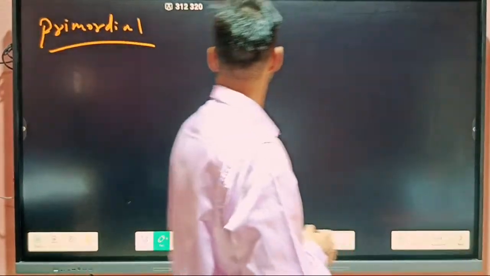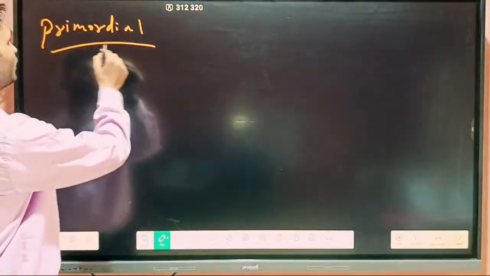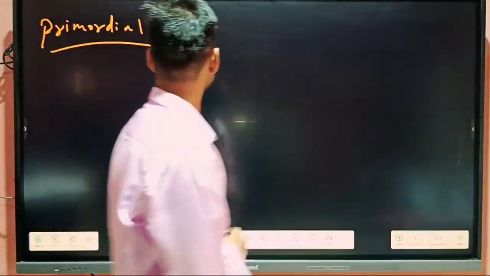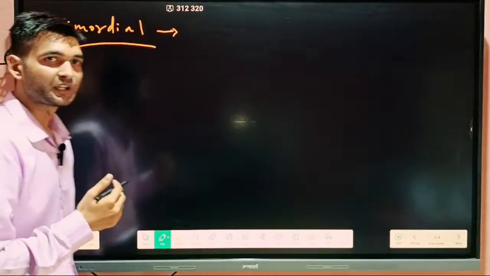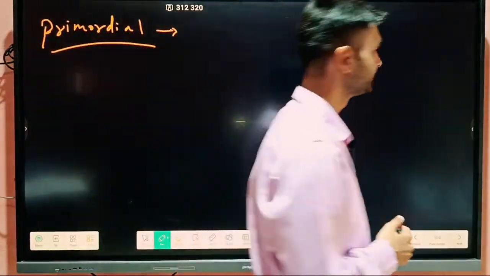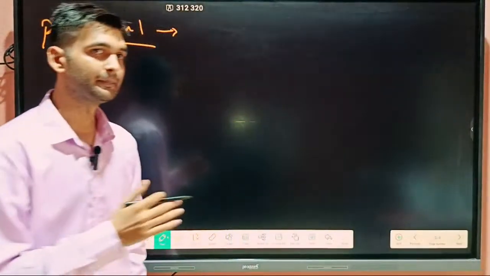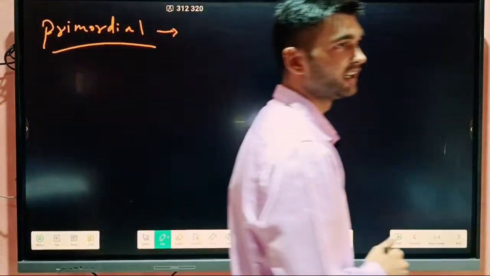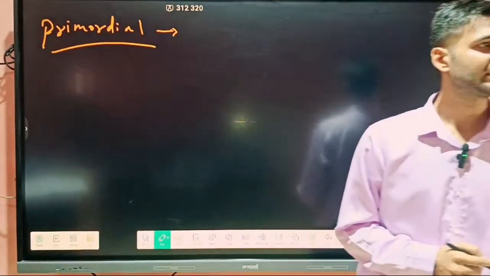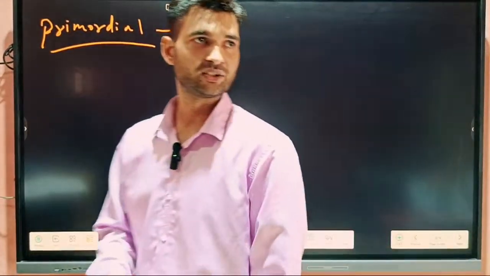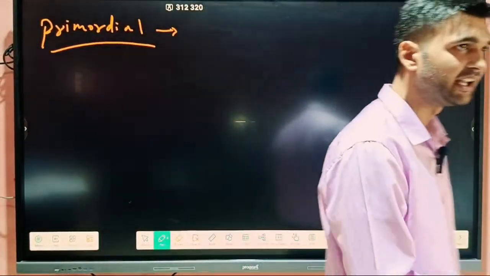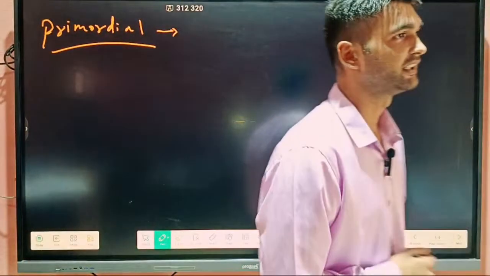Understood? Due to gradual increase in density, the temperature inside was also increasing. And due to that increase in temperature, the material inside, underground, started separating in layered form according to their density.